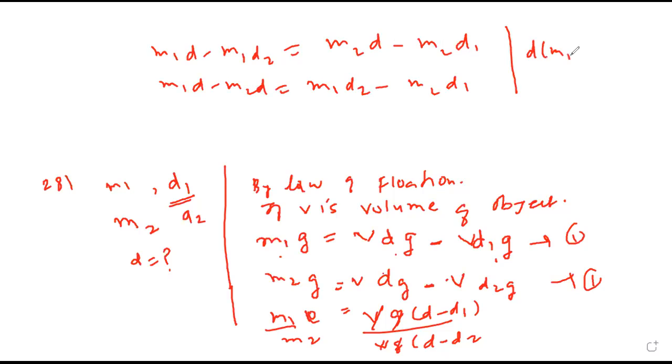Therefore, d into m1 minus m2 equals m1 d2 minus m2 d1. So d equals m1 d2 minus m2 d1 upon m1 minus m2. That is option D.